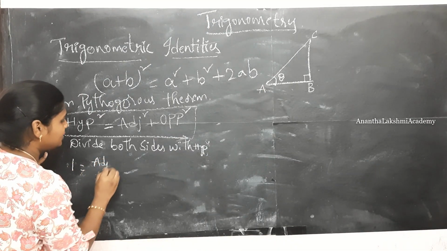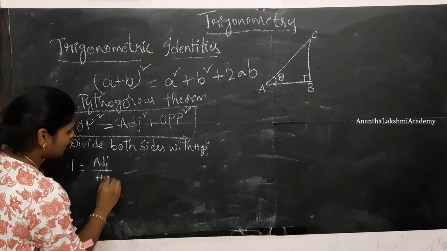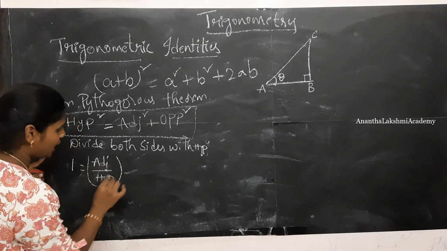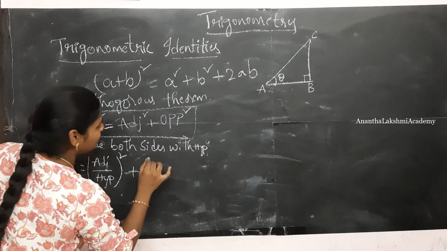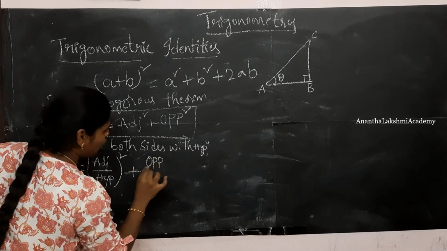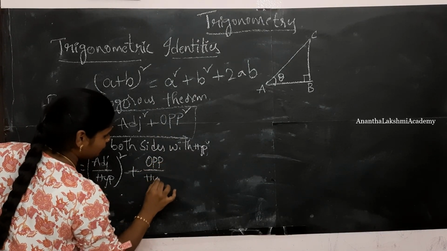Next, adjacent square by hypotenuse square is nothing but adjacent by hypotenuse whole square. Now, opposite square by hypotenuse square is nothing but opposite by hypotenuse whole square.